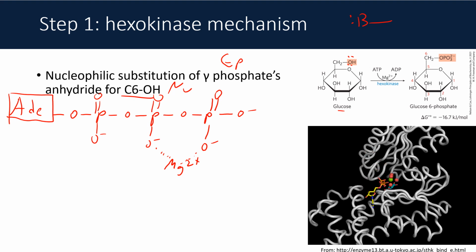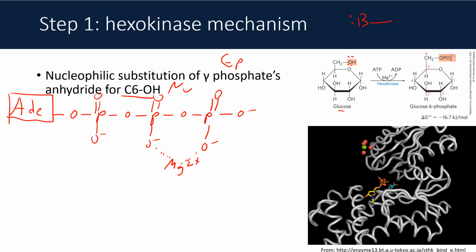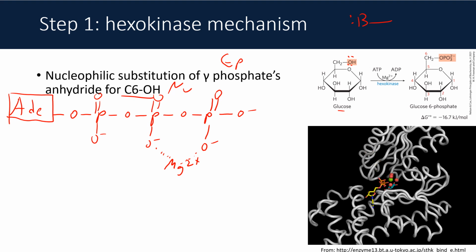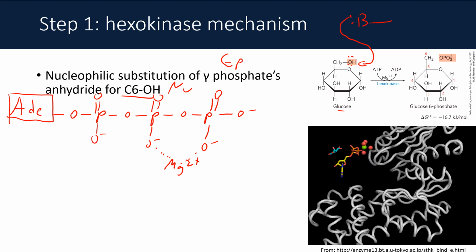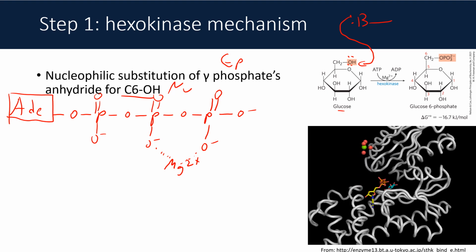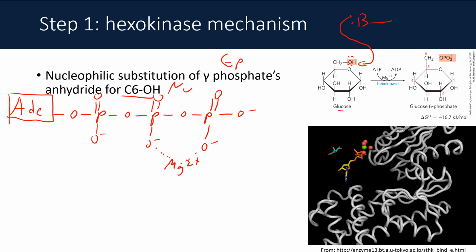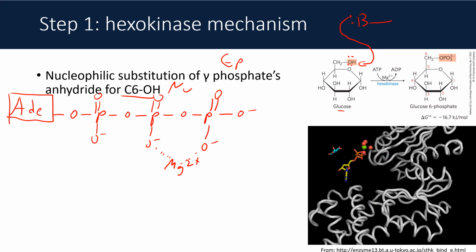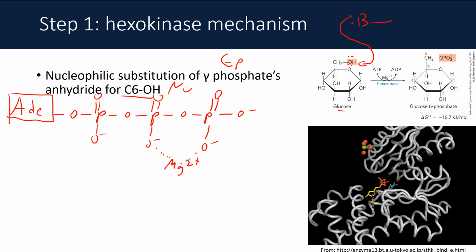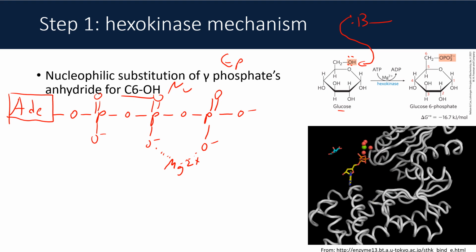It's often signified as just the letter B with a lone pair. And that B will attack the H on that hydroxyl, regiospecifically. It will deprotonate it and form an alkoxide. Alkoxides are very reactive, very nucleophilic.